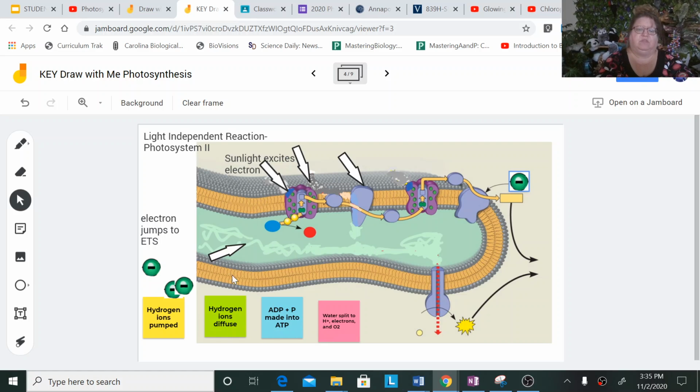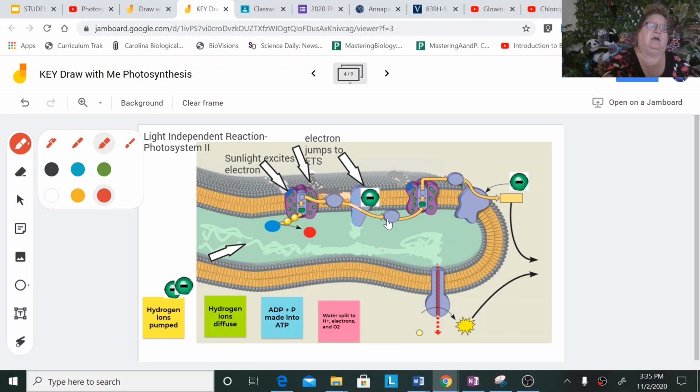The electron jumps to the electron transport system. Again, let's go ahead and put that electron, we can do another electron. Electron gets excited, bounce, bounce. Let's keep that one right here. As that electron, remember that electron has a lot of energy to it.